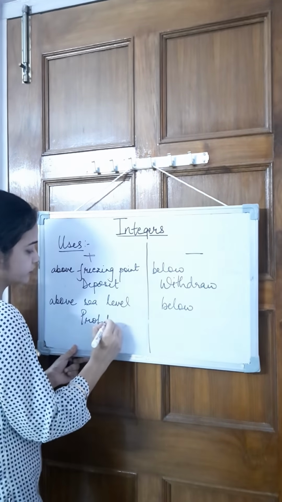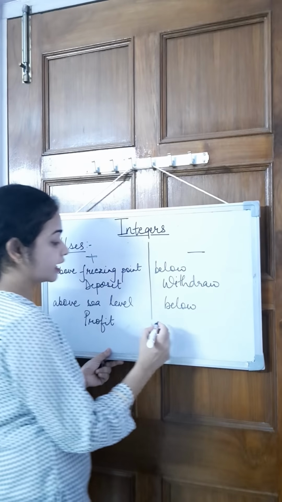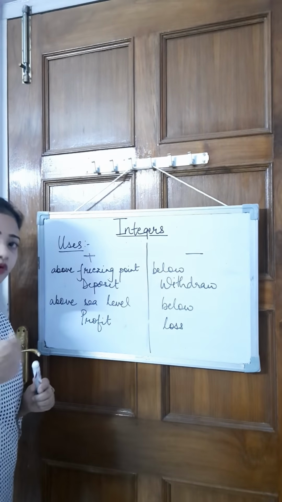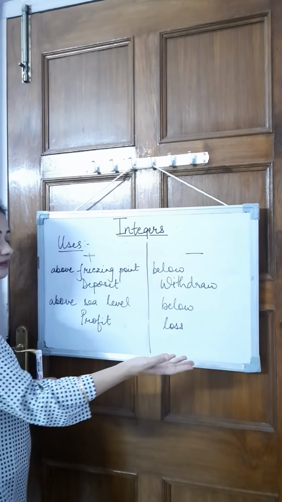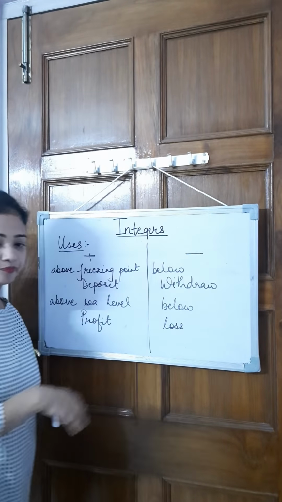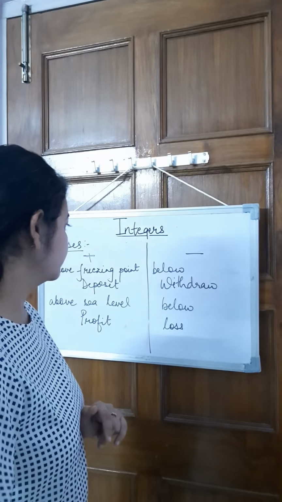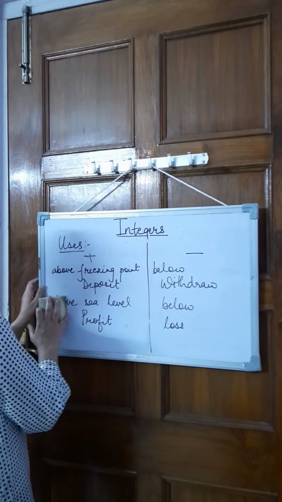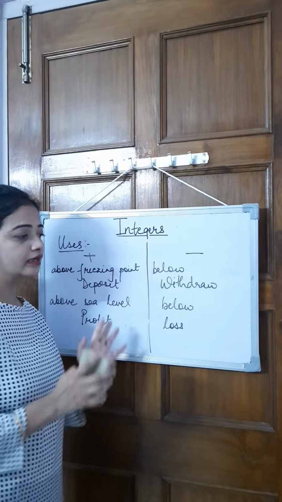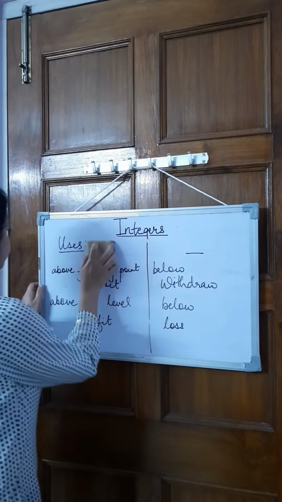Profit is positive, money is added on, and when it is loss, it is negative. There are many more cases where you can compare when it is positive and when it is negative. Let's take one more example from your exercise, where we have to decide where to put a negative sign and when to put a positive sign.